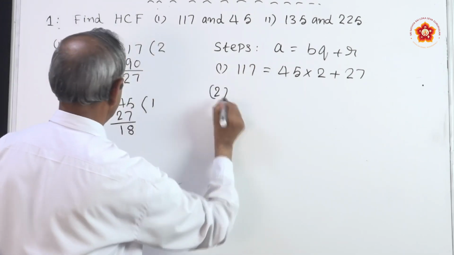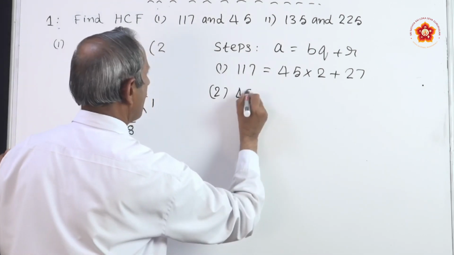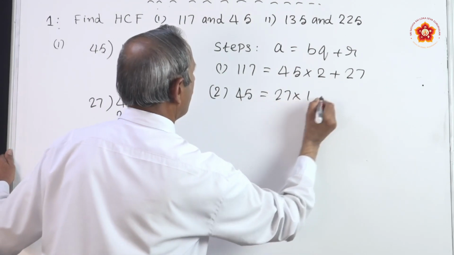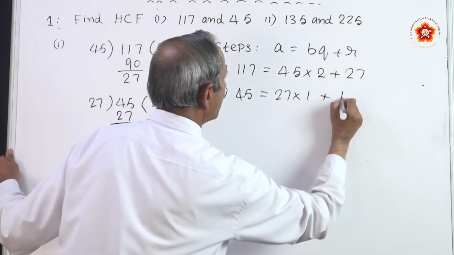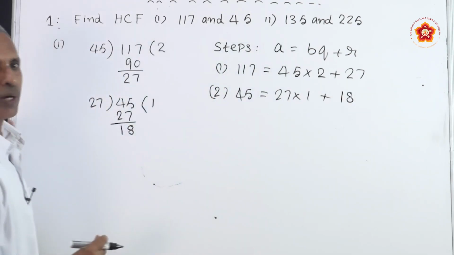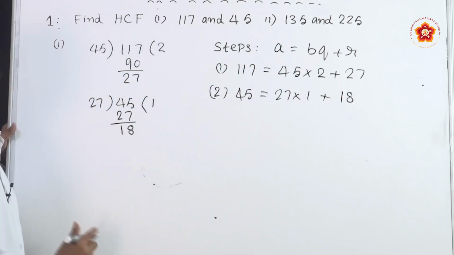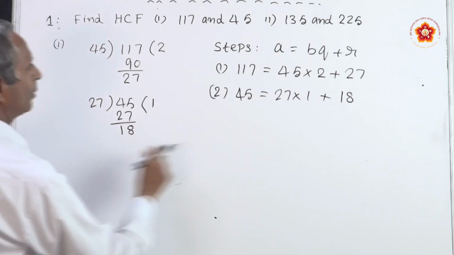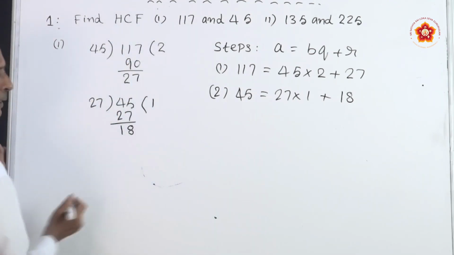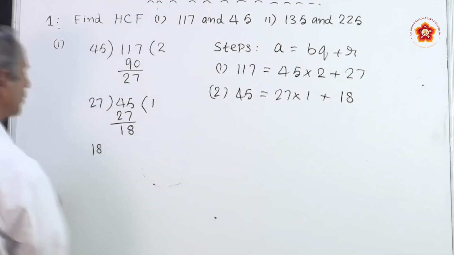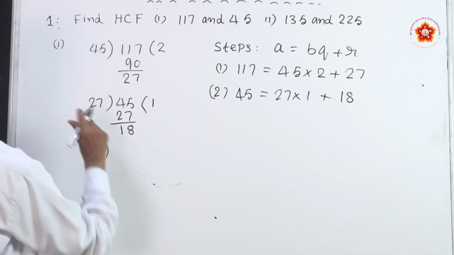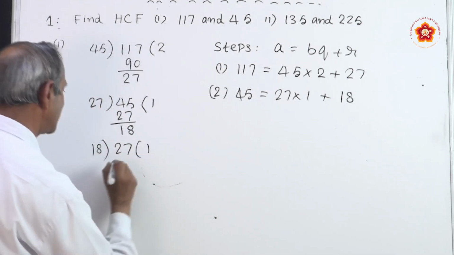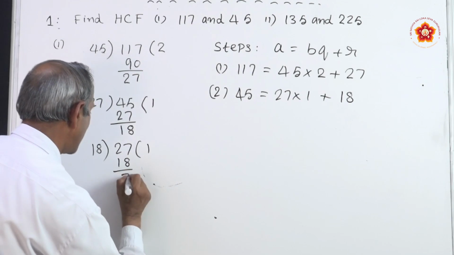You can write it as 45 equal to 27 into 1 plus remainder 18. For each step you have to see whether the remainder is equal to 0 or not. If it is not 0, you have to continue the procedure once again. Here the remainder is not 0, so you have to divide once again. Now, take 18 as the divisor and 27 as the dividend. It will go only one time, 18 ones are 18, you will get the remainder 9.